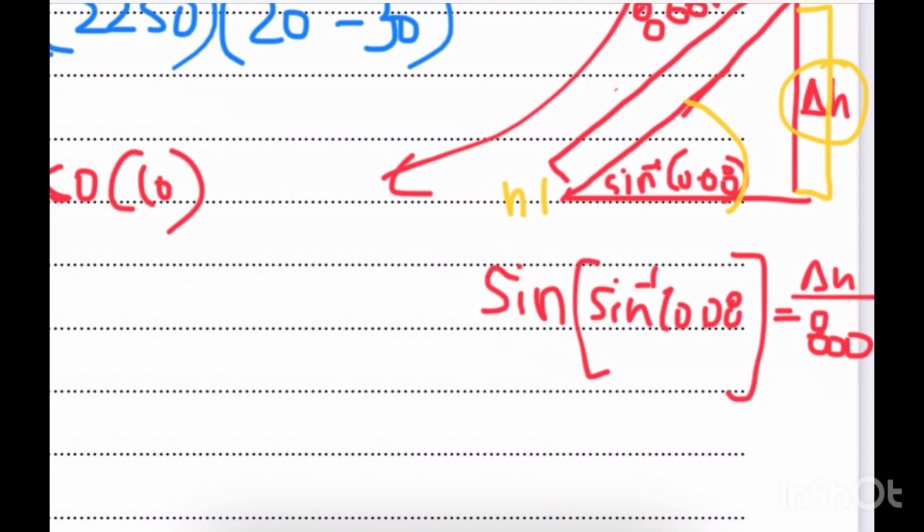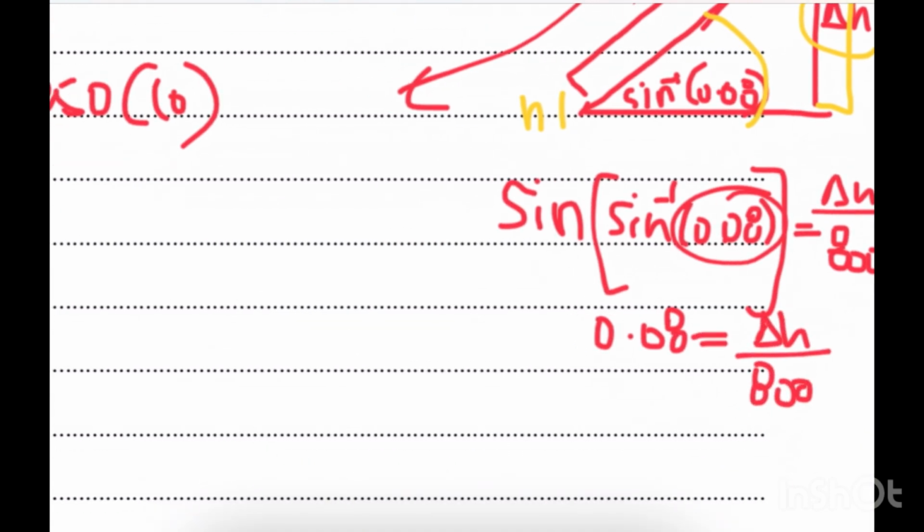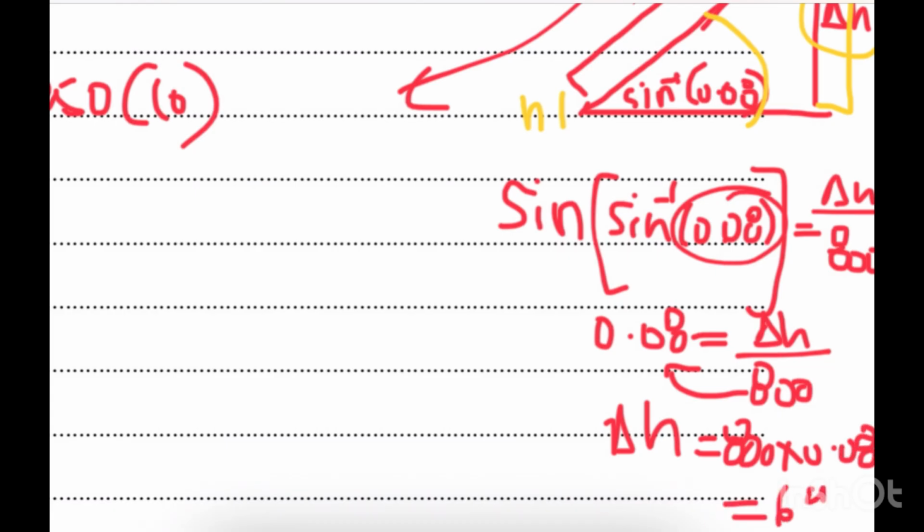Now sine of sine inverse just leaves 0.8, so 0.8 must equal the change in height over 800. That makes the change in height equal to 800 multiplied by 0.8, which equals 640.